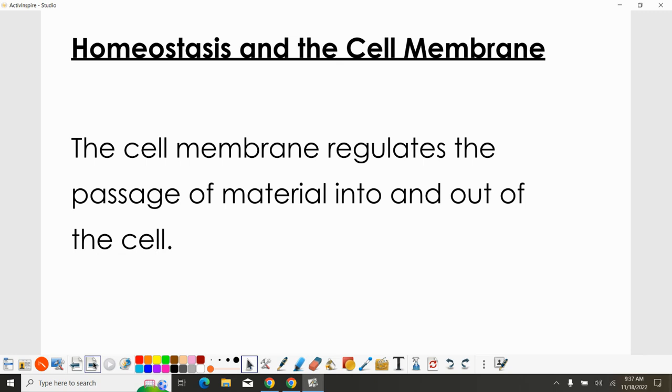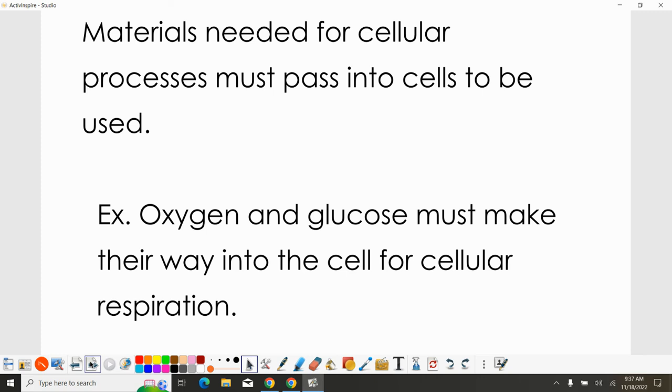Again, the cell membrane plays a big, important part in this whole process. It helps regulate what moves in and out of our cells. Anything that the cell needs has to be able to move into the cell so the cell has it to use.